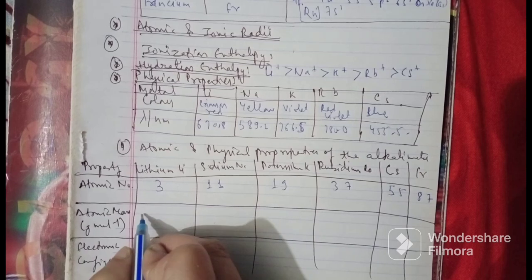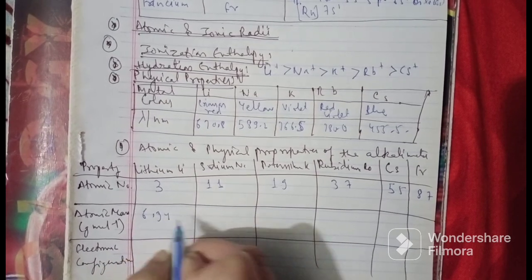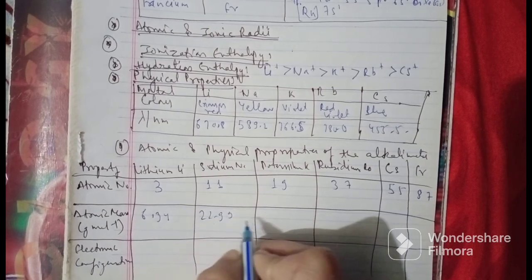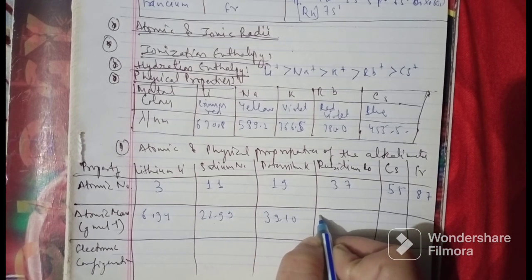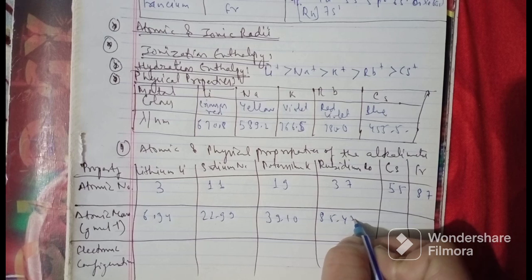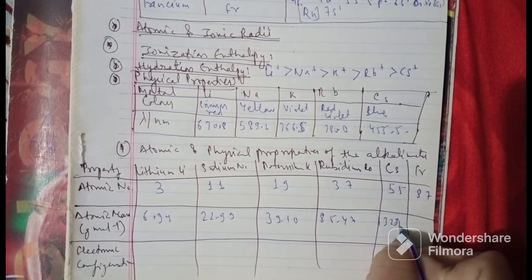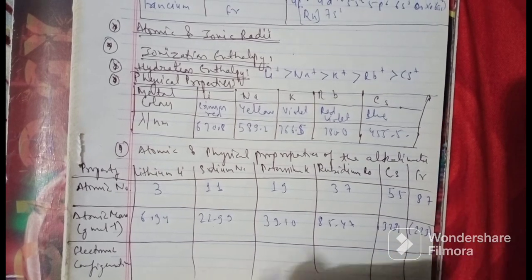Atomic mass in gram per mole will be 6.94, 22.99, 39.10, 85.47, 132.91, and 223.